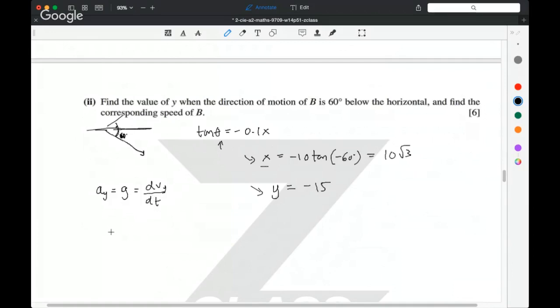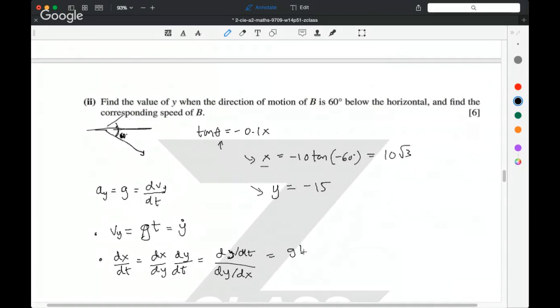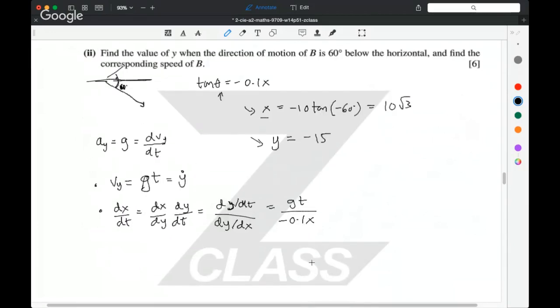From our constant acceleration equations, we can easily get this. Vy is gt, which you can also express as y dot. dx/dt is just dx/dy times dy/dt, which is dy/dt over dy/dx, which is gt over minus 0.1x. Okay, good.